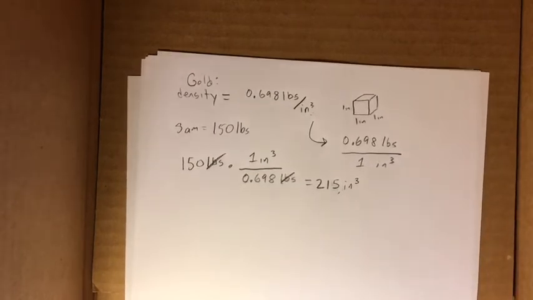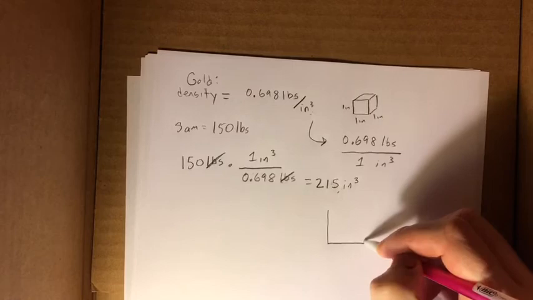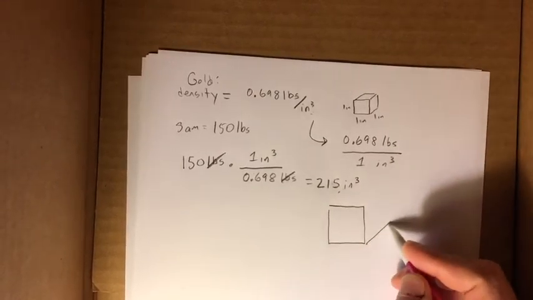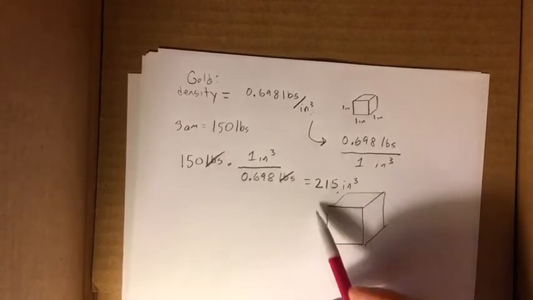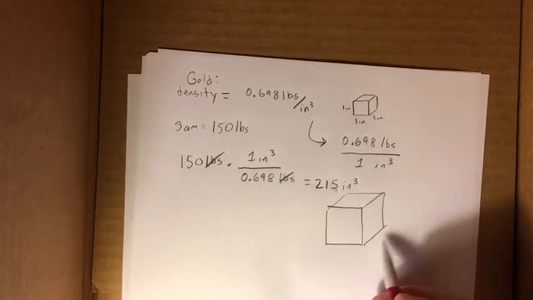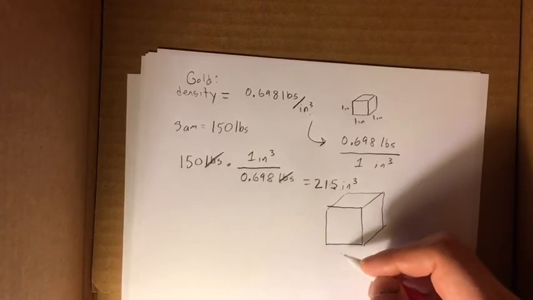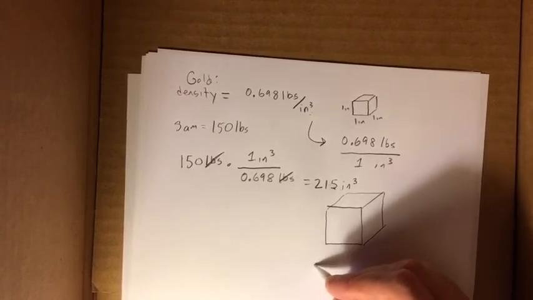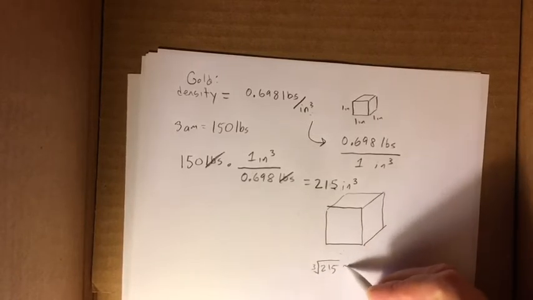Well, I've done some of the math for us, and if we take a cube, you kind of have to think, if we want to find the volume, we're going to multiply each side of this cube 3 times, length times width times height, right? As it turns out, the magic number for this, the way you could do it is you take the cube root of 215, and that is closest to about 6 inches.